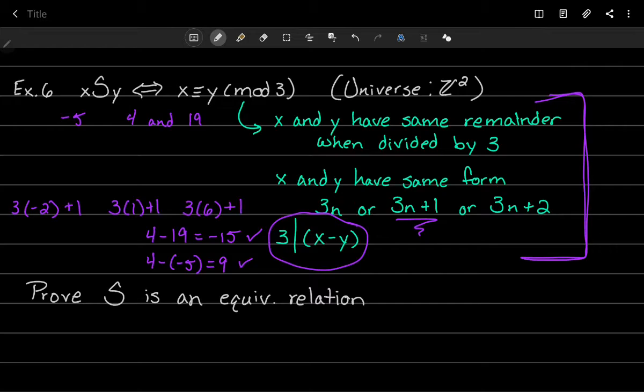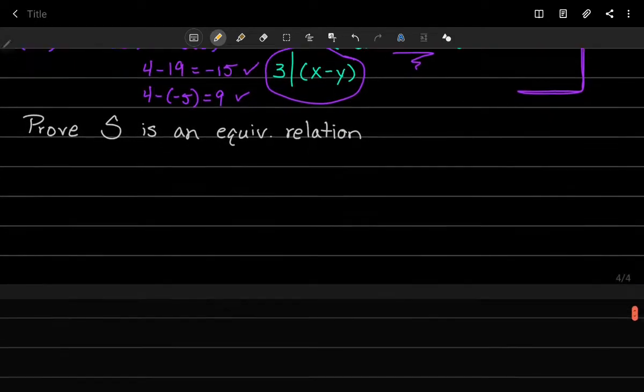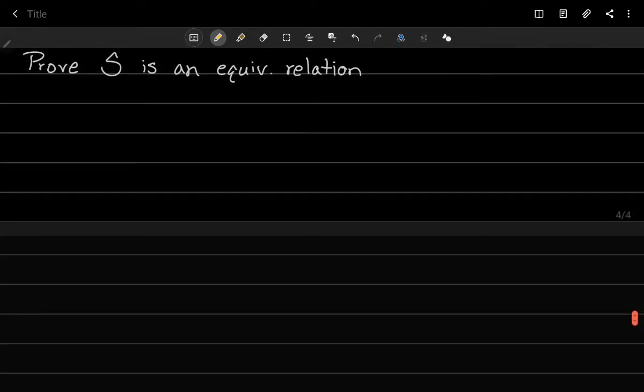Okay, better do our scratch work first. All right, so reflexive. Any integer I pick needs to be related to itself. Well, that means we need x congruent to x mod 3.